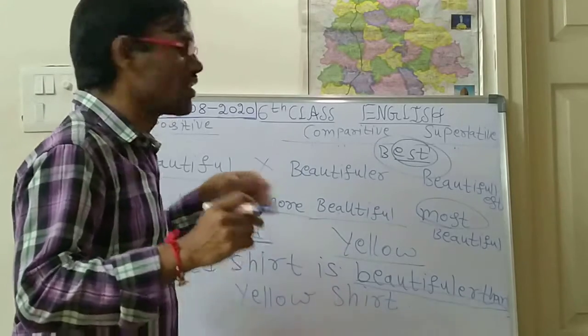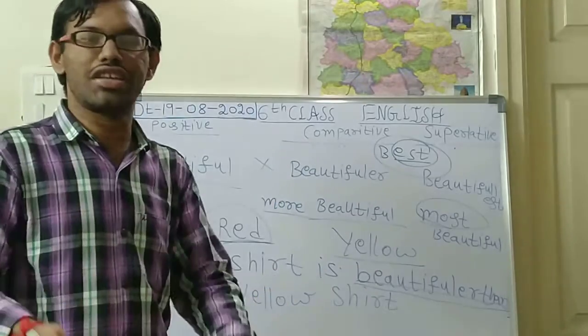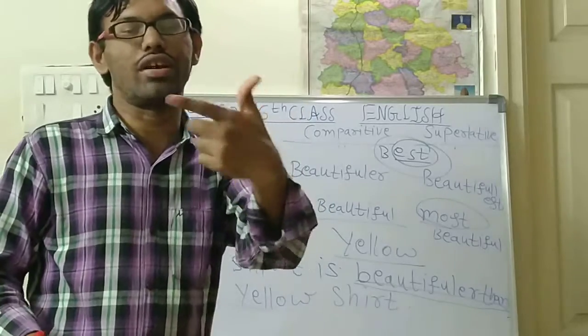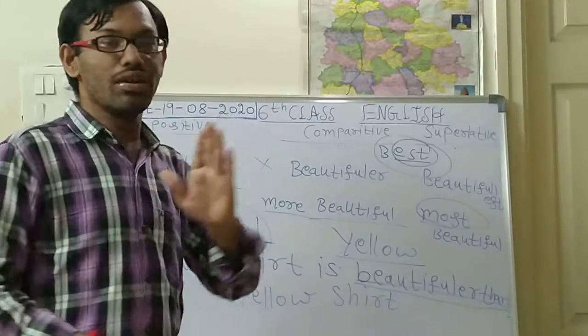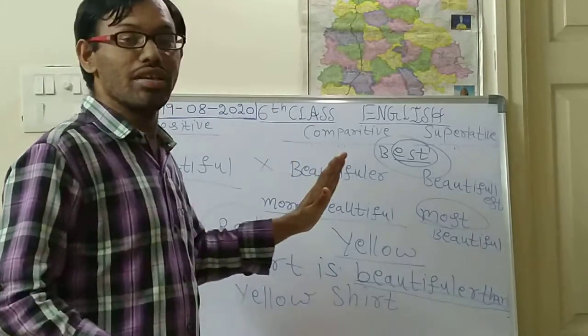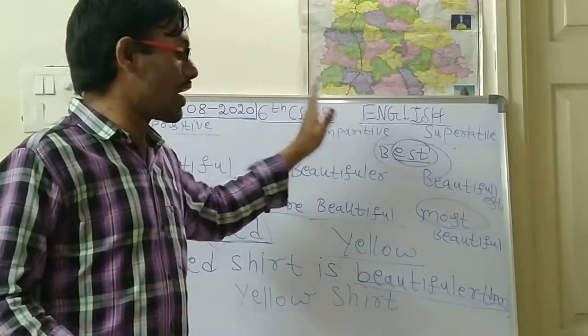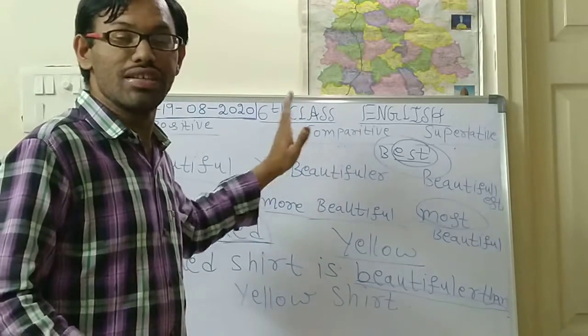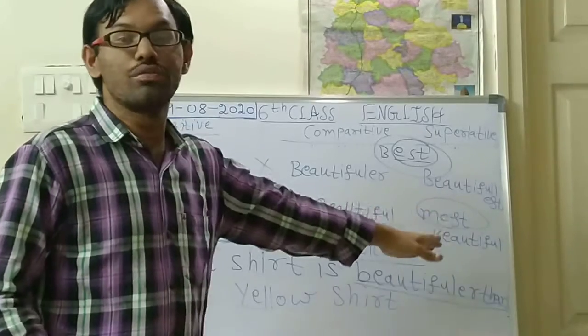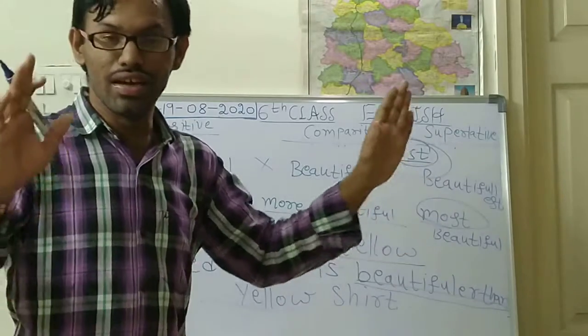Suppose that statue is the Sardar Vallabhbhai Patel statue, which is situated in Gujarat. So finally you will say, Sardar Vallabhbhai Patel statue is the best, the most beautiful statue in India.